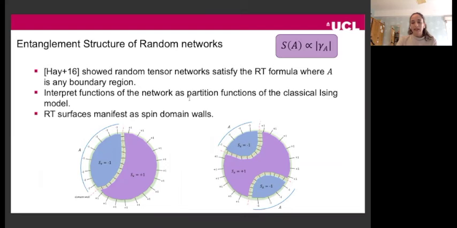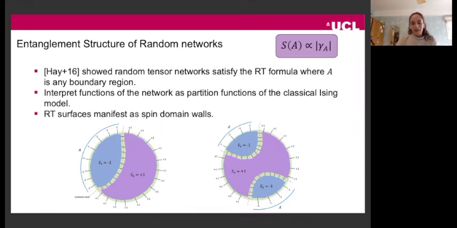And the way this works is that as we take the bond dimension high, this is akin to going into the low temperature regime in the classical Ising model, where the partition function is dominated by the ground state. And we know what the ground state of the Ising model is: it's the configuration where the domain walls are minimized. So in this scenario, the Ryu-Takayanagi surfaces manifest as spin domain walls.